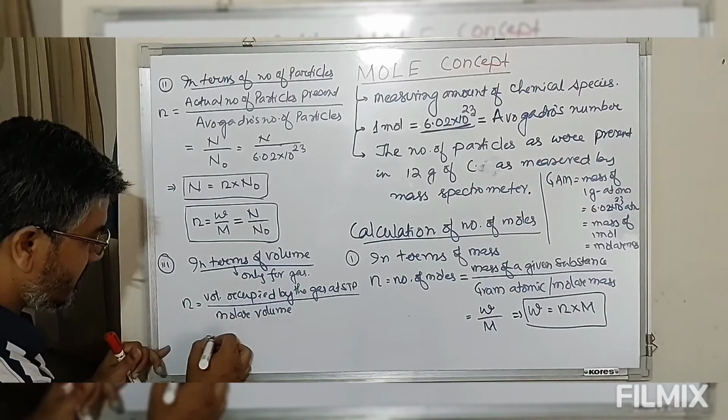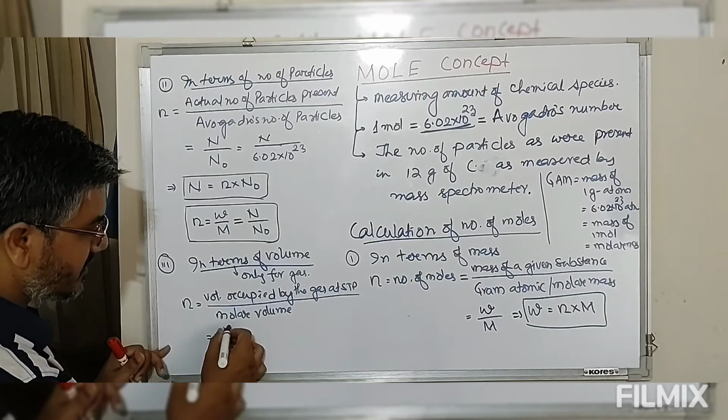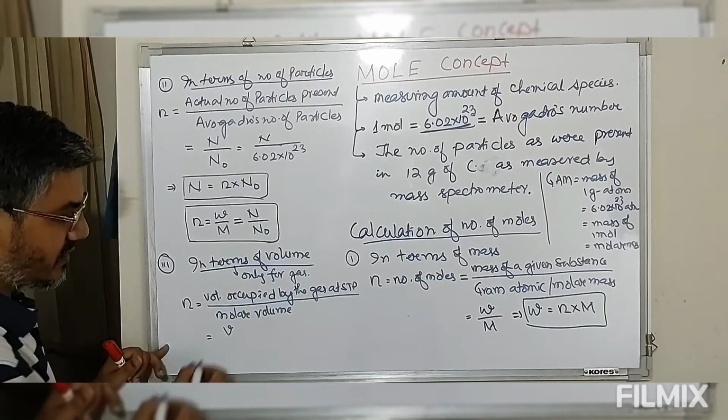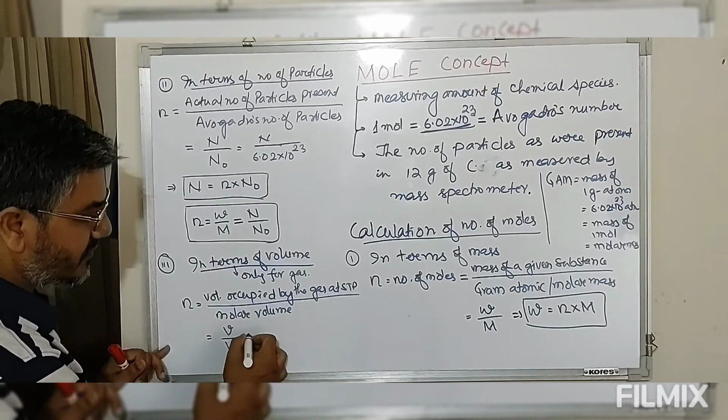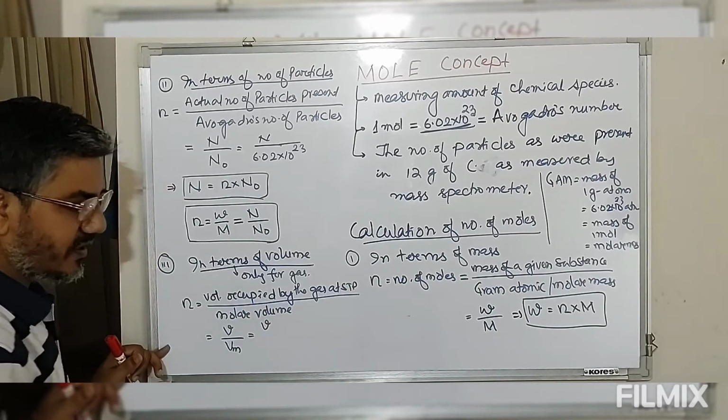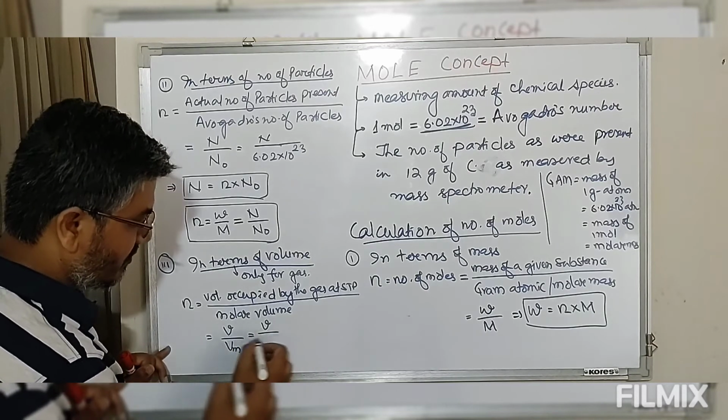So this is the volume occupied by the gas at STP divided by molar volume. So molar volume is Vm.